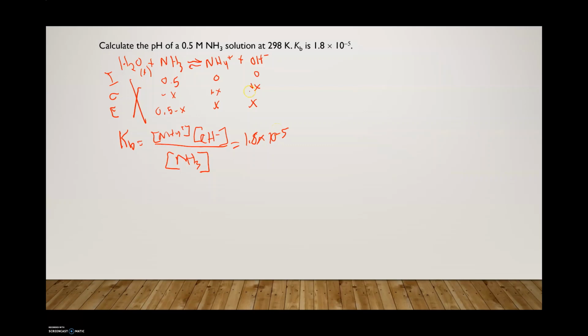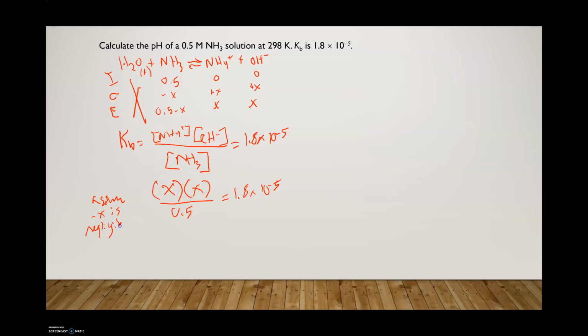Now we're going to include the equilibrium portion into the expression. So you're going to have X times X divided by 0.5 is equal to 1.8 times 10 to the negative 5. Now I'm going to assume the minus X is negligible.